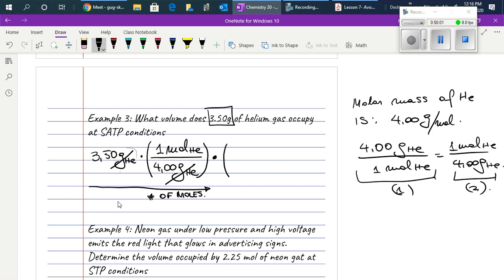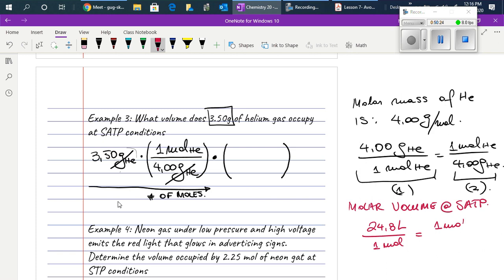And since we are dealing with SATP conditions, the molar volume at SATP conditions is, we know, 24.8 liters in 1 mole of any gas, and in this case it will be helium, 24.8 liters of helium.